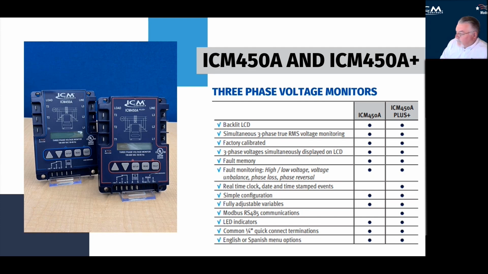It's cheap insurance, but it also gives you a little leverage with power companies. Configuration is very simple, with fully adjustable variables that are very intuitive and easy to adjust. And the 450A Plus also has Modbus RS485 communication capability, which is really good because then you can tap into building management systems and things like that.